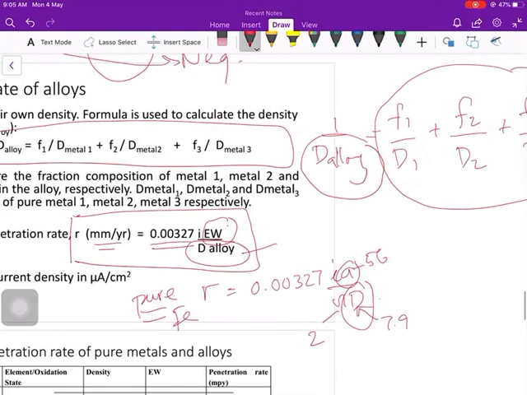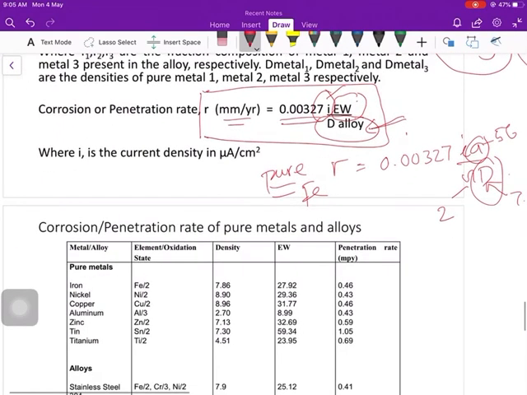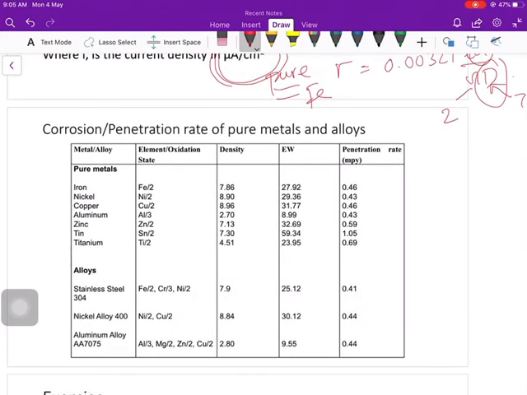Then you can calculate the alloy and add it in here. This is I, the current density. If you use this formula, I is in microampere per cm square.